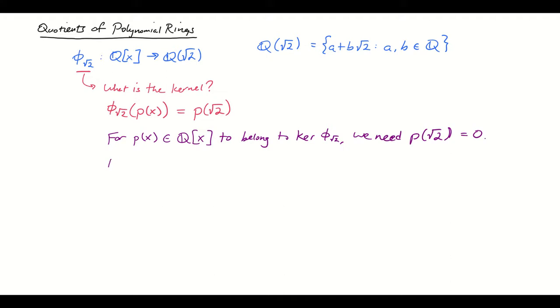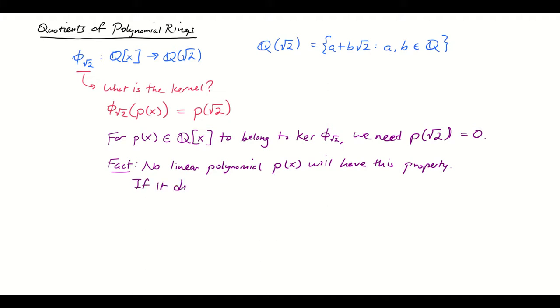Okay, now here's a fact. No linear polynomial p of x will have this property. For if it did, then we'd have p of x equal to a naught plus a1x for some rationals a naught and a1.